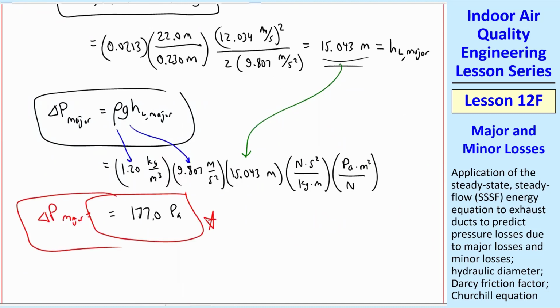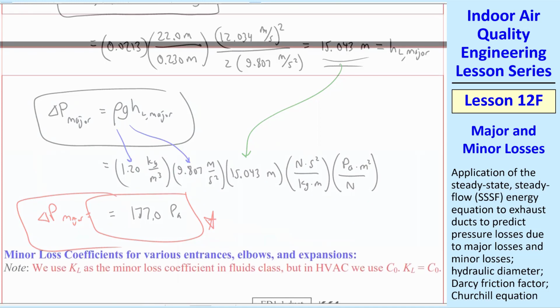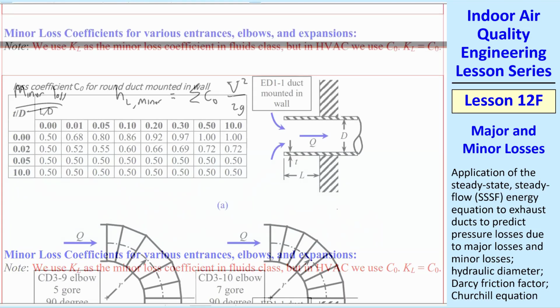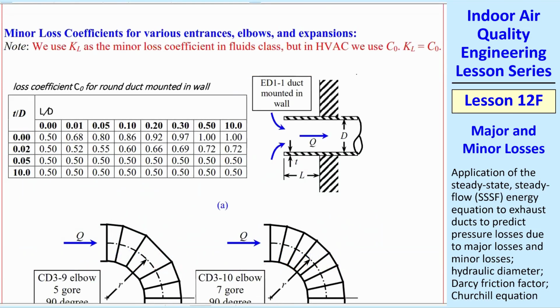And then now I have to look at the minor losses. Minor losses, remember h_L minor. We need to sum up all the minor losses in the system. So we simply have to look those up. We had a reentrant entrance as one of our minor losses. Here's the diagram for it. In our case, we have t, the thickness over D, 20 millimeters over 230. So this turns out to be 0.0870.